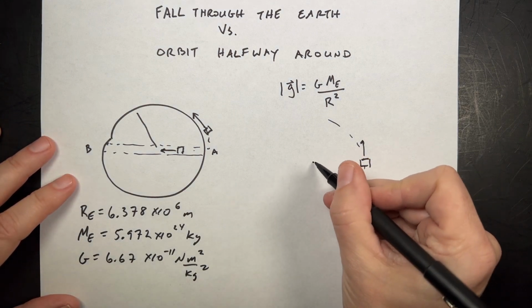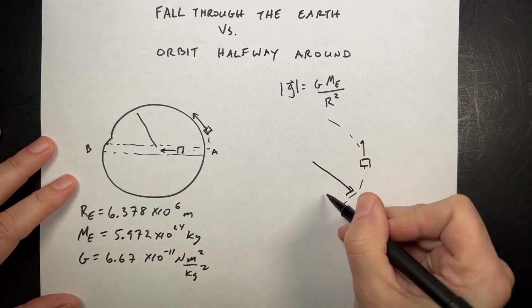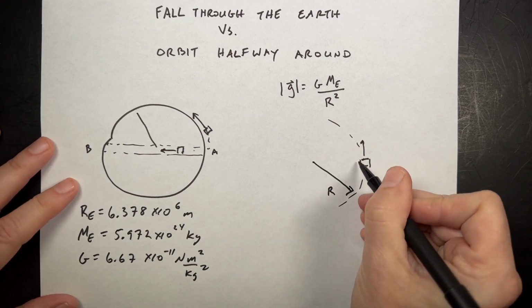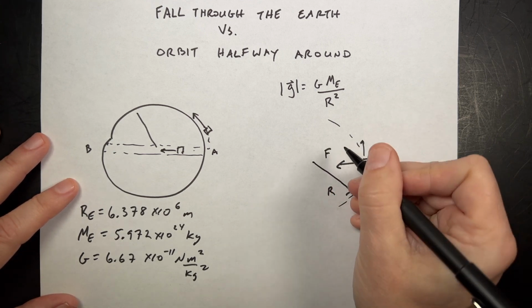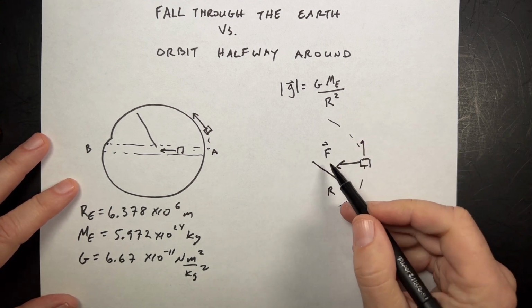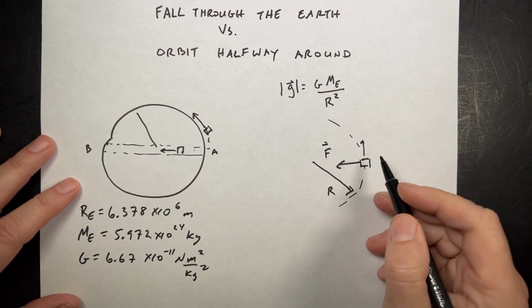And so I have over here the radius of the Earth, which I'm just going to call R. And then I have the gravitational force, I'll just call that F, pointing towards the center. And if that's the only force acting on it, then I can write the following.